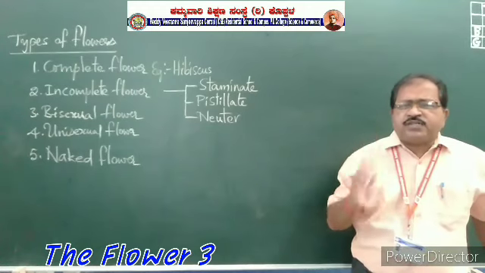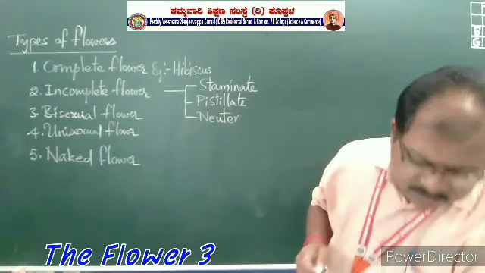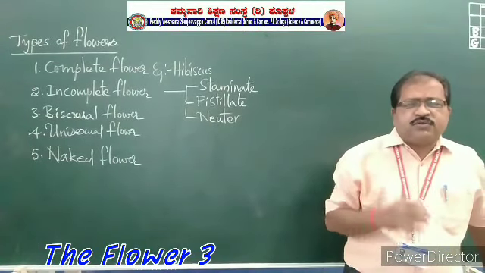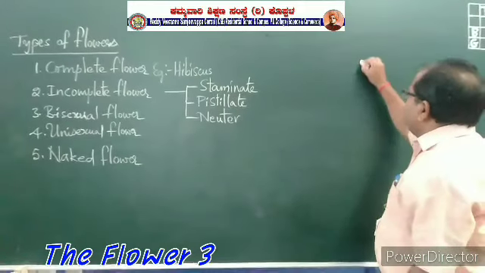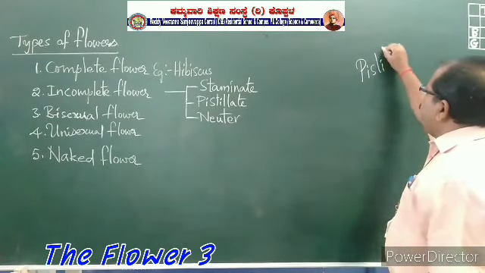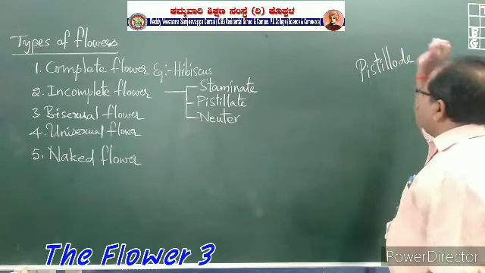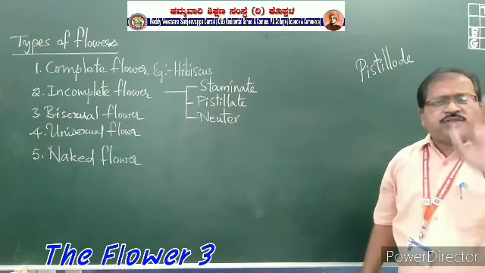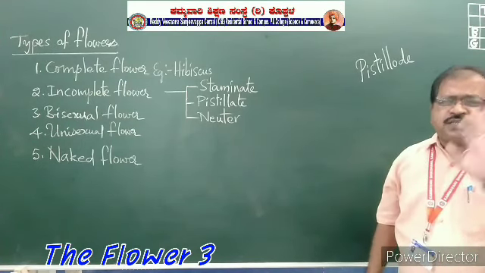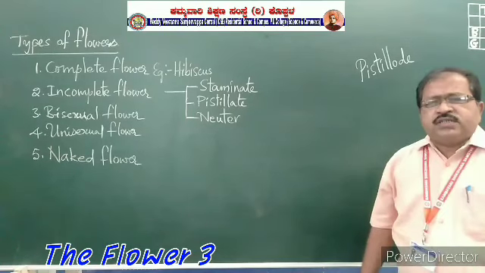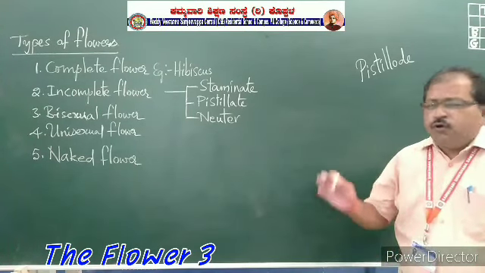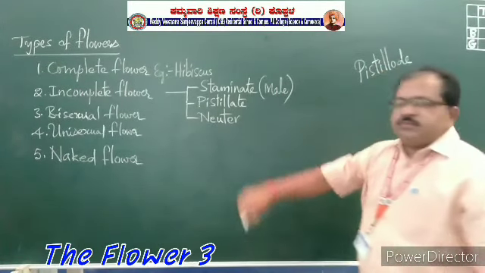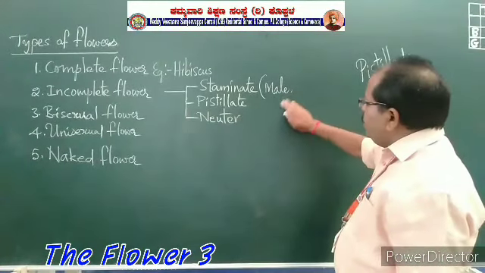The non-functional pistil is called a pistilode. So in staminate flowers, pistilodes are present, that means non-functional pistils are present. They are not in function. Sometimes they may be absent also. These staminate flowers are also called male flowers.